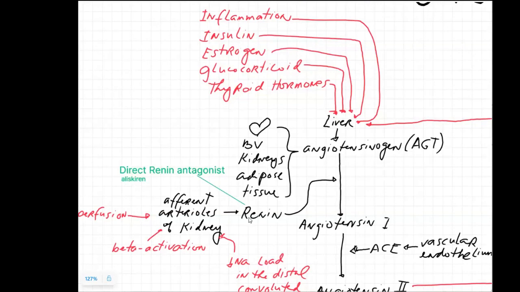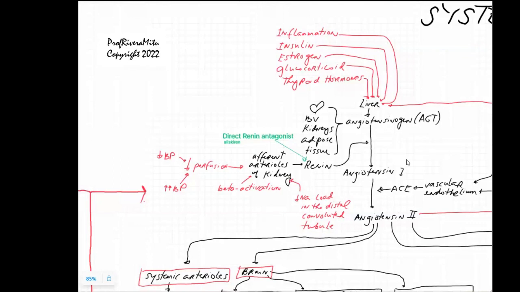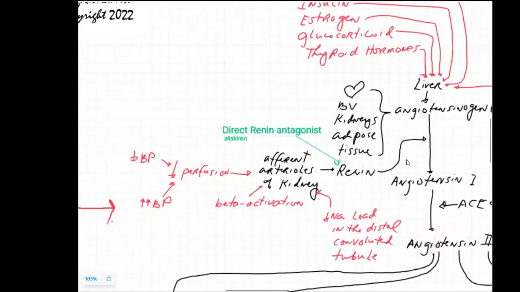And because of that side effect, it's not prescribed as much. And there's only one direct renin inhibitor on the market at this time, which is aliskiren. That's the name of the drug.